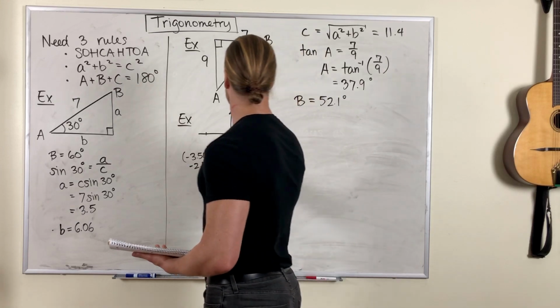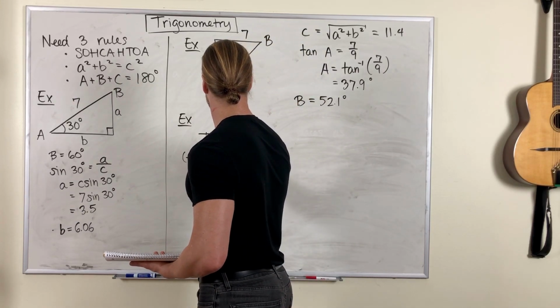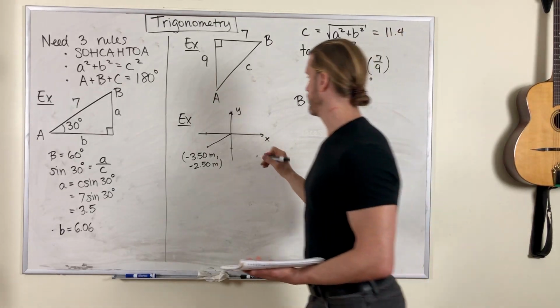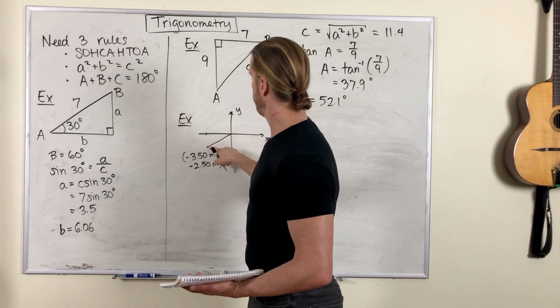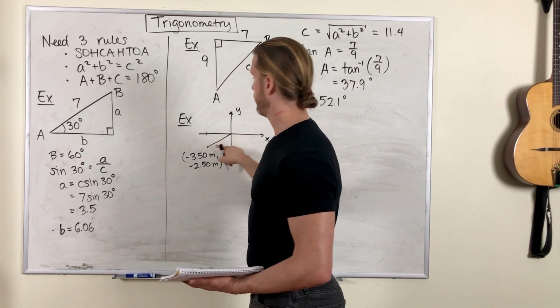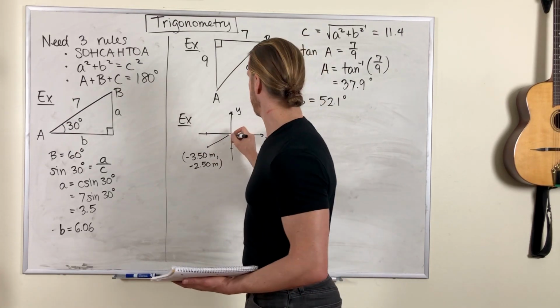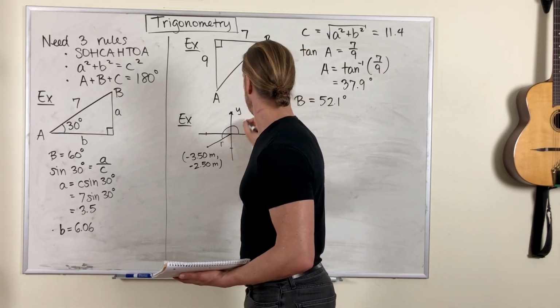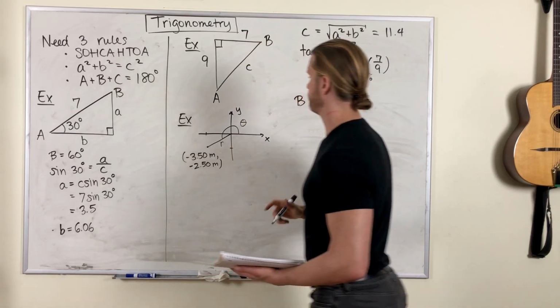So let's figure out the polar coordinate representation of that point. Meaning, we'll figure out this length, and we'll figure out this angle, r and theta.